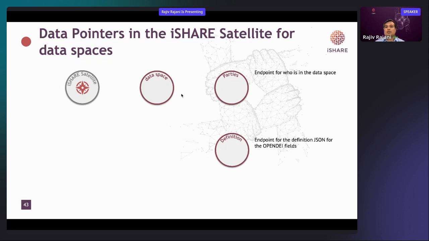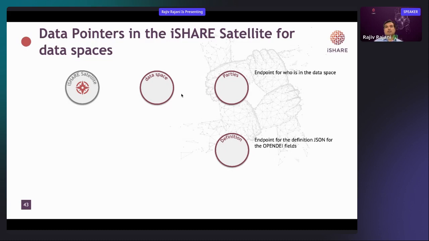And it also points to the data space definition URL. So when we say we register data spaces, we also register the data space definition of that data space. And this definition basically describes which standards and models etc. are used by the participants of that data space.